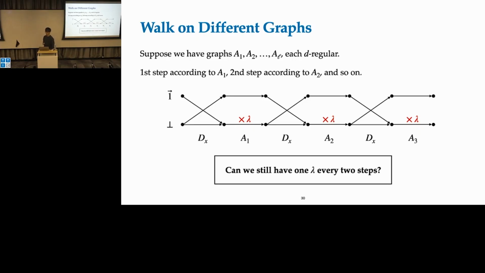So now the question is, can we still have this bad scenario where we get one lambda every 2 steps? And this highlighted path, is it still there? Here's the intuition. We're still not happy if for most graphs we have AJX roughly lambda x.